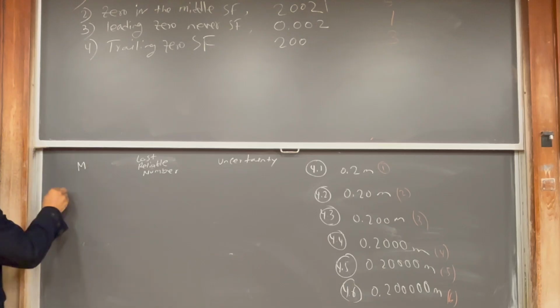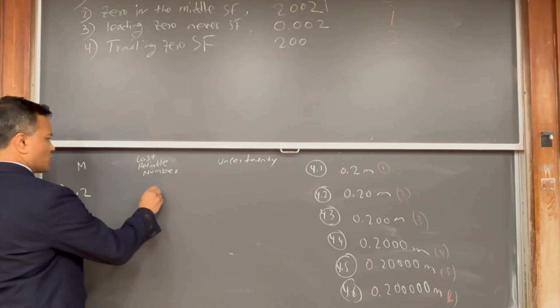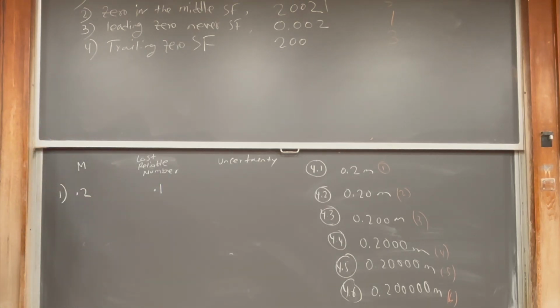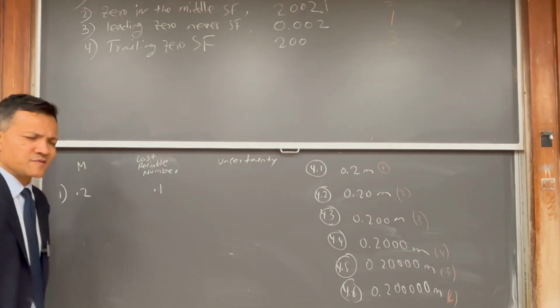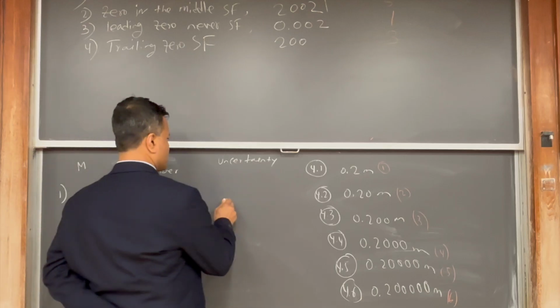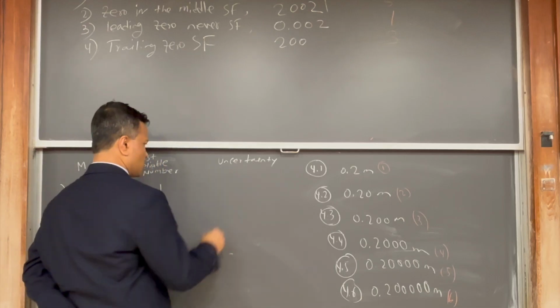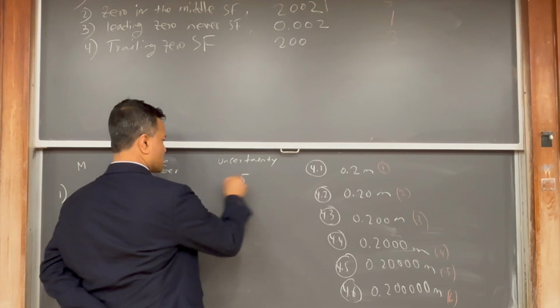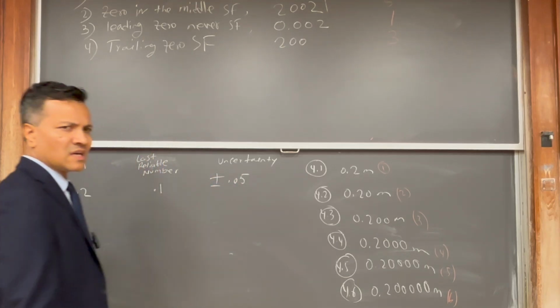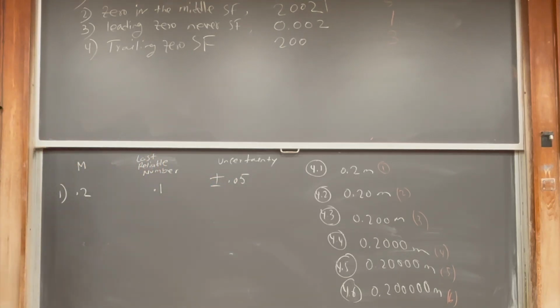The first one is 0.2. The last reliable number is 0.1. Definitely it is not 0.2. Understand that this is the tenth place. Uncertainty is, of course, divided by 2, 0.05. But don't forget the plus minus, because this lies between 0.15 and 0.25.